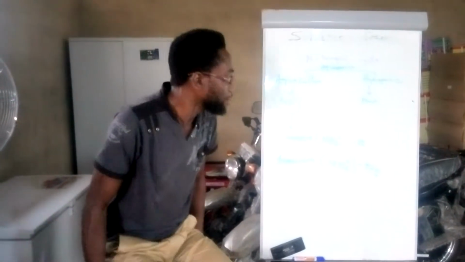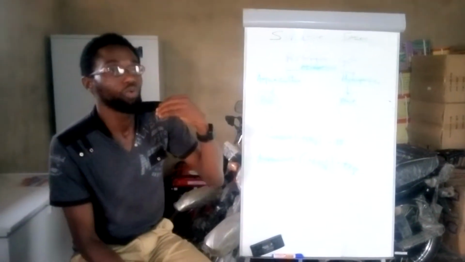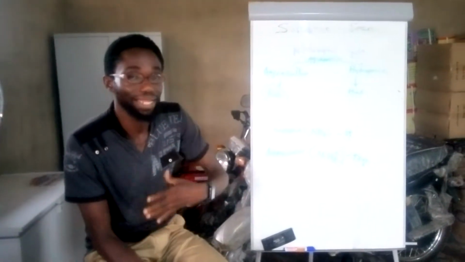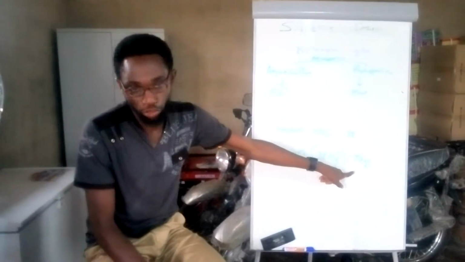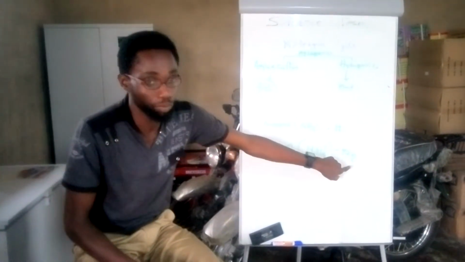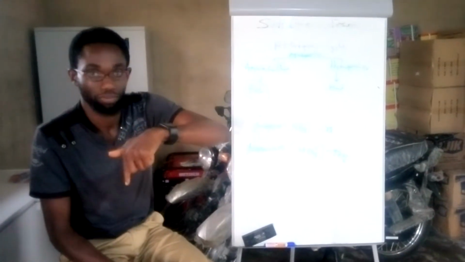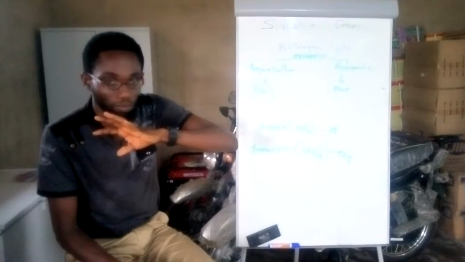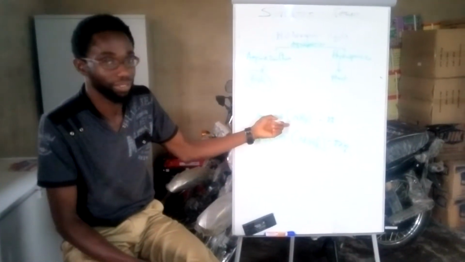So we have ammonium now present in this place. What we are trying to do in aquaponics is, how do we eliminate ammonium? Because the more we eliminate ammonium, the ammonia will be converted again to ammonium. I hope that makes sense somehow.